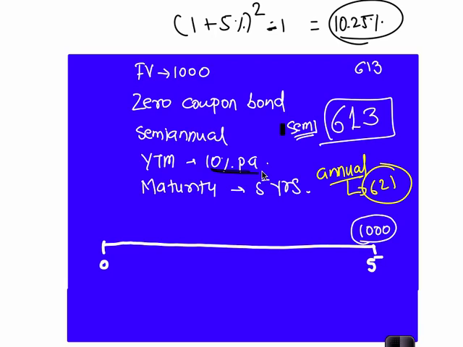Is that making sense? Let's do a question. Coupon is always annual. If nothing is mentioned, frequency is annual, and if it is mentioned, then we'll have to divide accordingly.